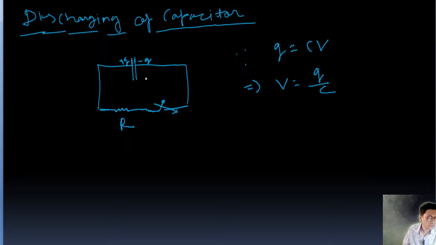Now in this circuit, this is the capacitor and this is the resistance. We will use KVL in the loop.